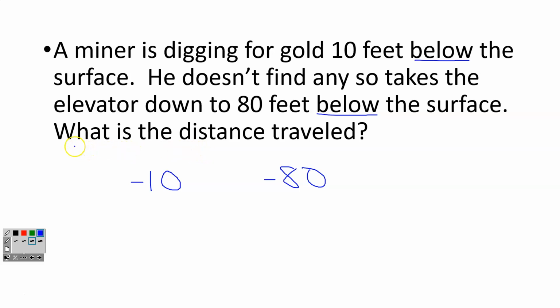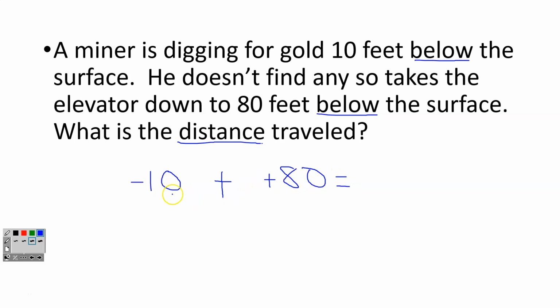Now, the one thing to watch for is the distance traveled. We just talked about distance traveled being just like difference, and that means a subtract. So I now have a problem set up of a -10 minus a -80. Hopefully you automatically have realized that because it's a subtraction, we have to use our superpower and we have to use a consequence that follows.